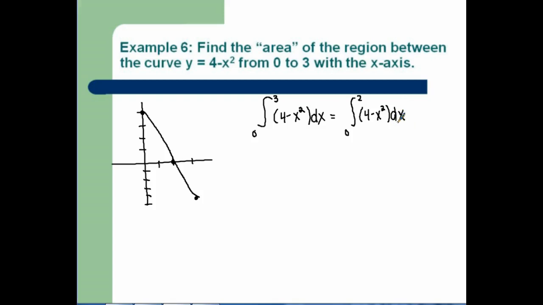Now, would you be adding this area below? No. If you want the total area, what do I need to do? I need to get this graph reflected above. So how do you get something to reflect? You just change the sign. I need it to make it negative.